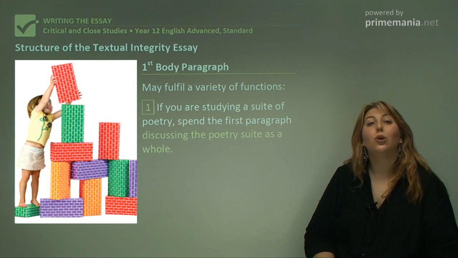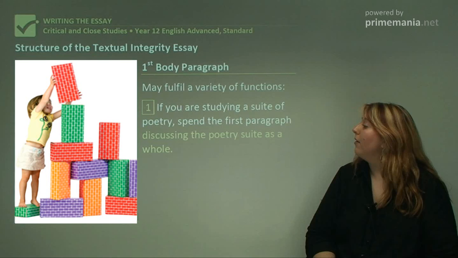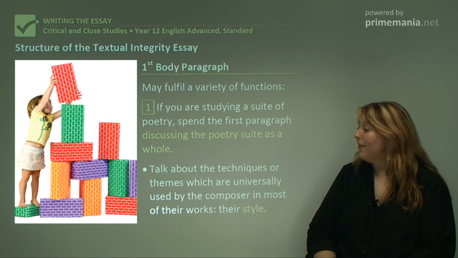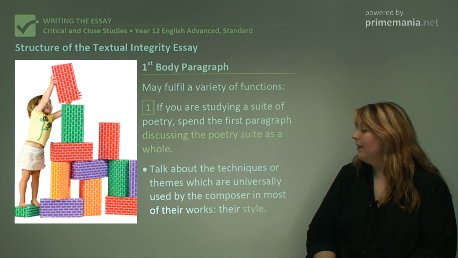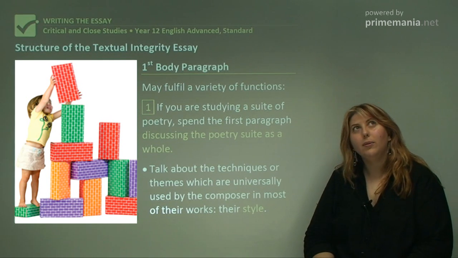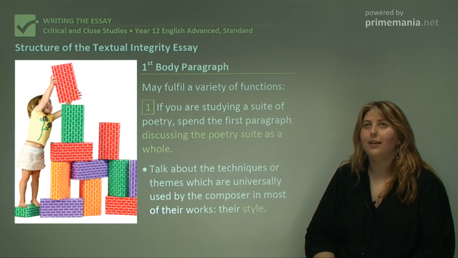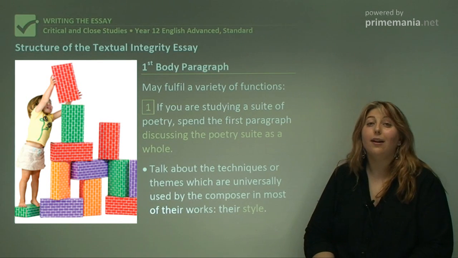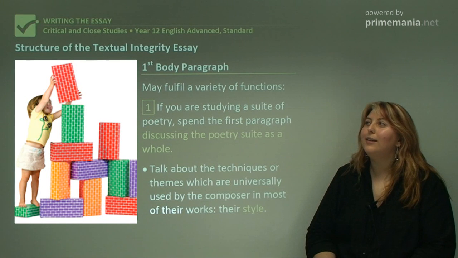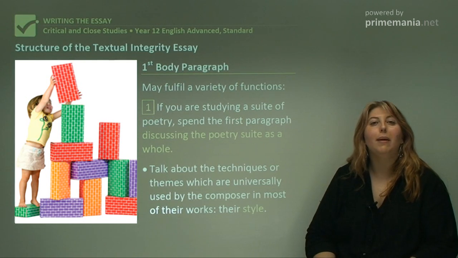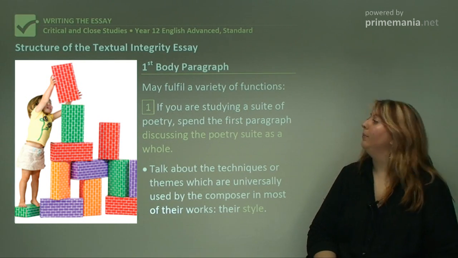A little bit of history or context might encroach on this particular paragraph. You're going to talk about the techniques or themes which are universally used by these poets and think about their style. So if we were talking about Gwen Harwood, we might talk about things like natural imagery, cycles of life and death, an emphasis on music. So you might say, generically, a couple of the ideas that crop up in her works again and again.